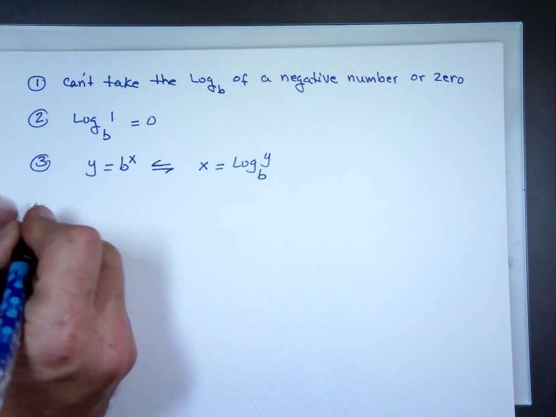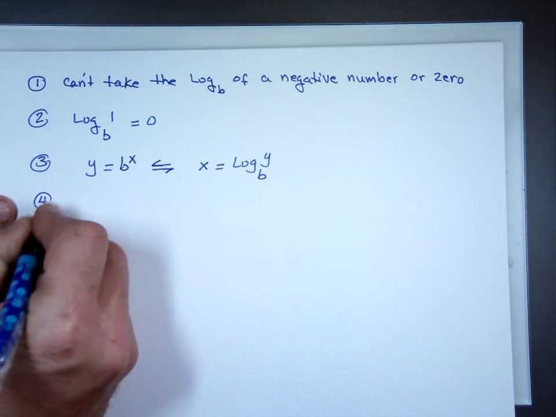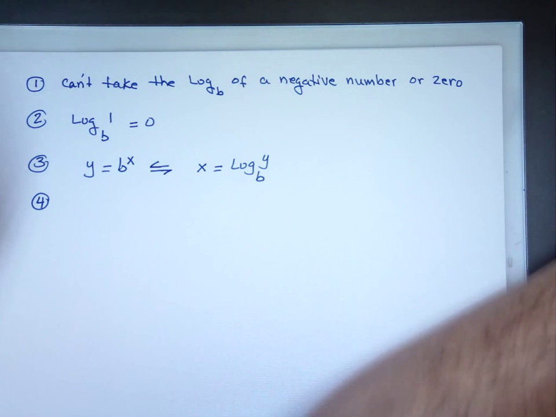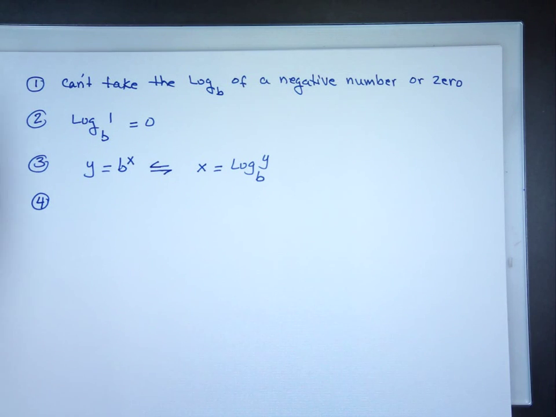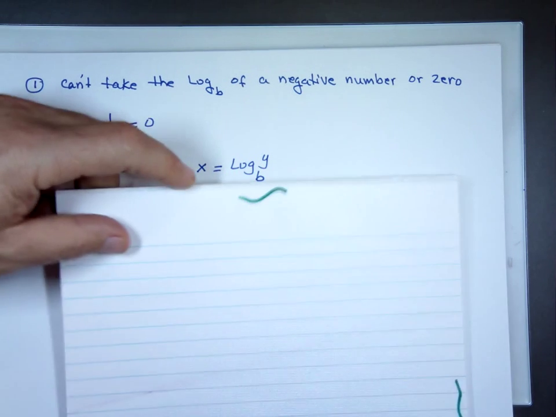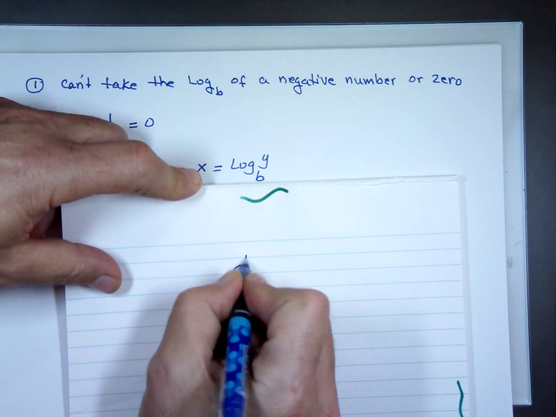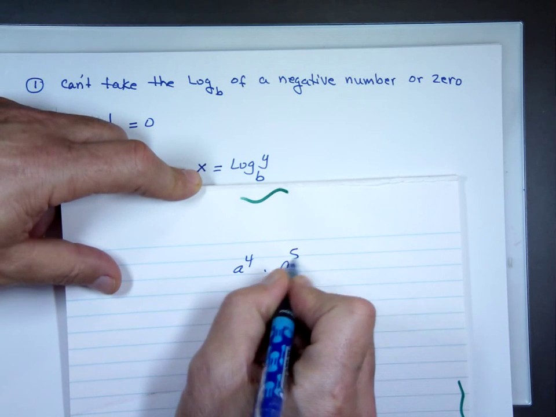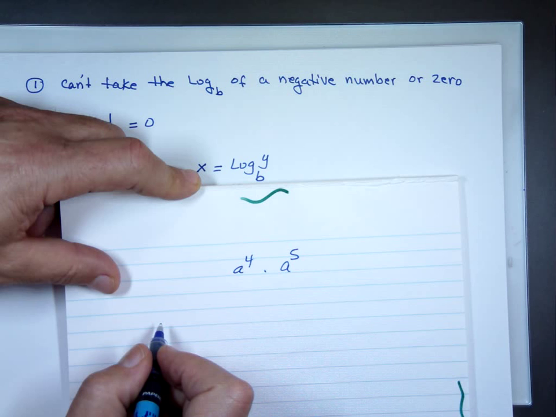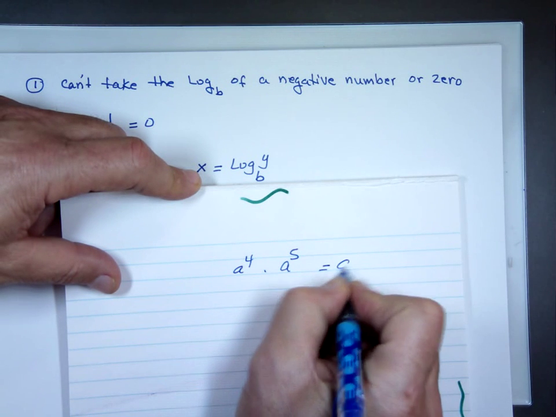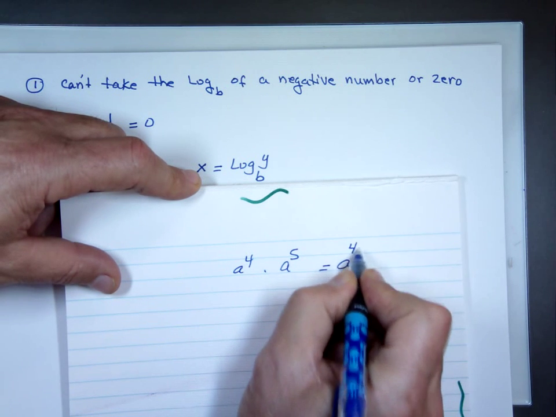Rule number 4. Now let's ask a question about exponents. When you were multiplying a to the 4th times a to the 5th, what did you do with the exponents? Add them. It becomes a to what power? 4 plus 5. Well, guess what?